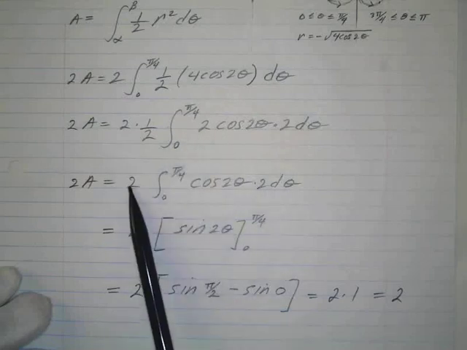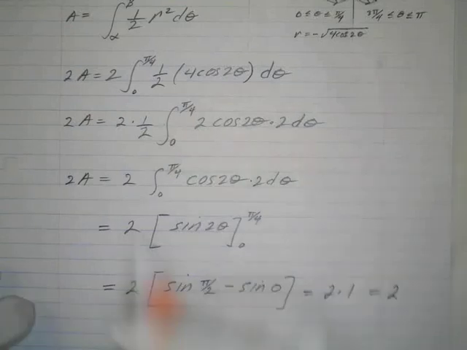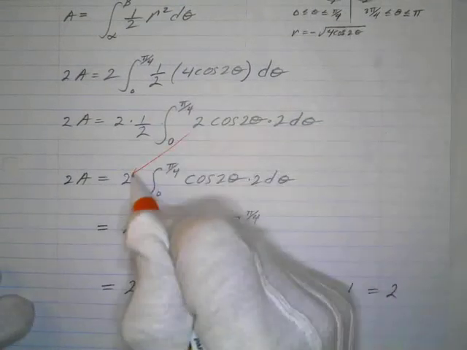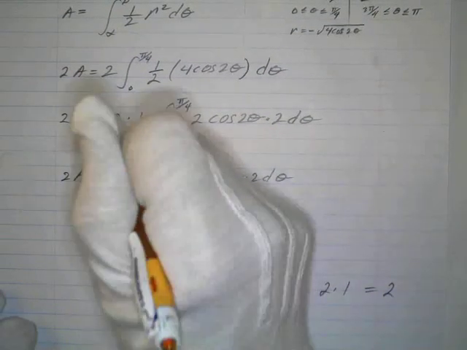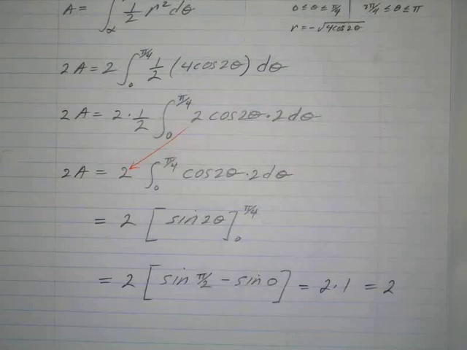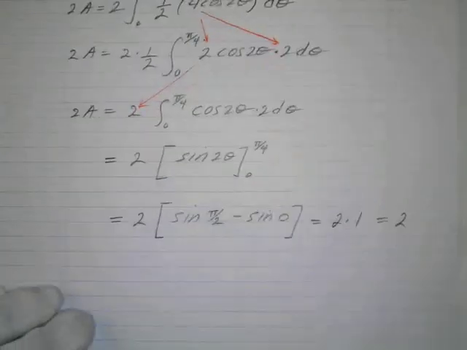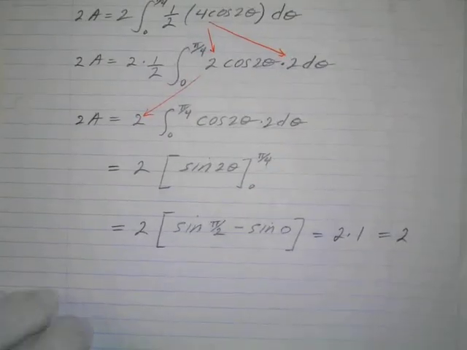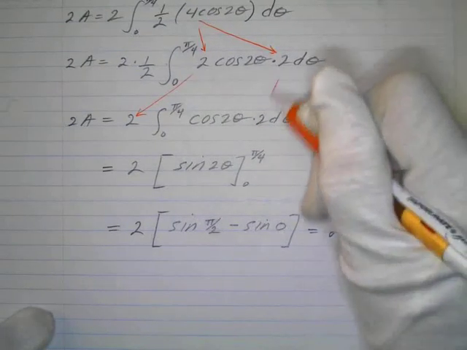I take this 2 out, so this 2 goes here, and those become 1. Then this 2 goes there. I made that 4 go to those 2 places, and now we're all set.